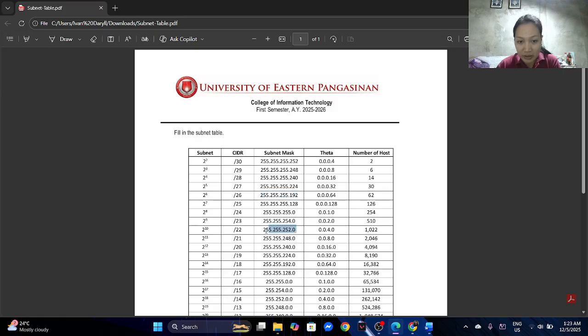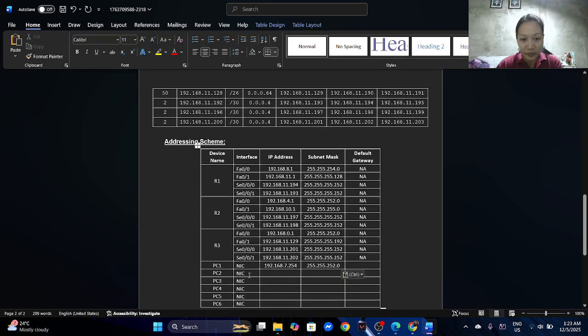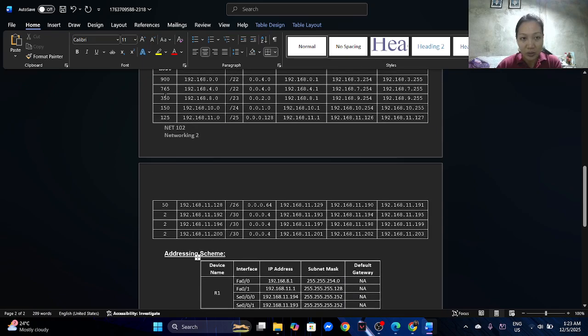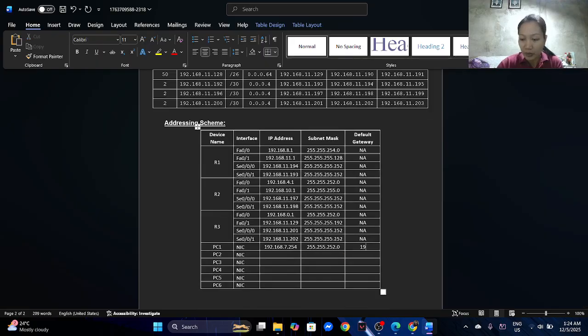So the subnet mask is 255.255.252.0 and the default gateway would be the first usable address. PC1 is host 765. So the default gateway would be 192.168.4.1.